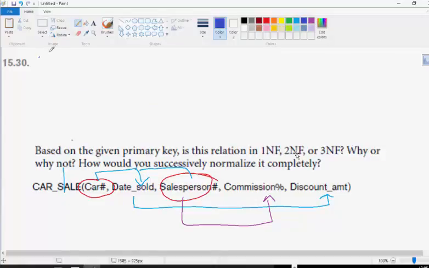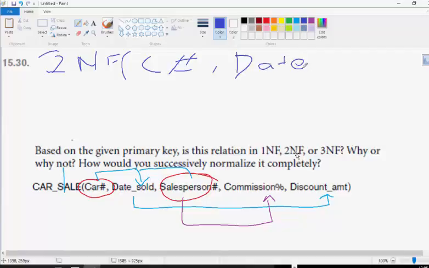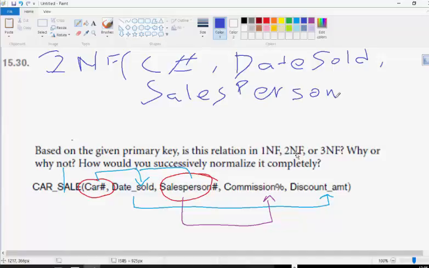Alright. So in second normal form, the first table will be car number, date sold, salesperson, and discount amount. My handwriting is bad. So this will be one table.